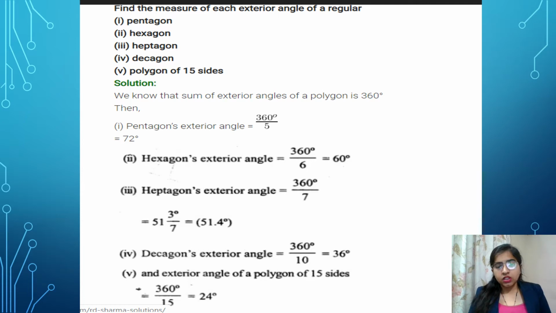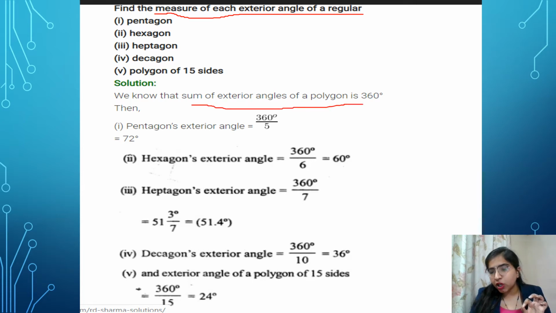Clear? So in this question, students, you have to find the measure of each exterior angle of a regular pentagon, hexagon, and heptagon. First of all, you must know the sum of exterior angles of a polygon.